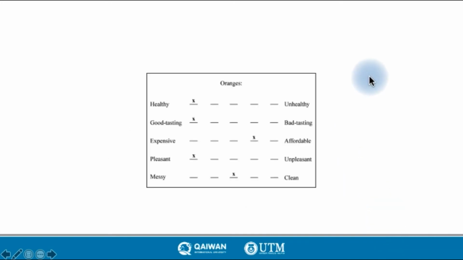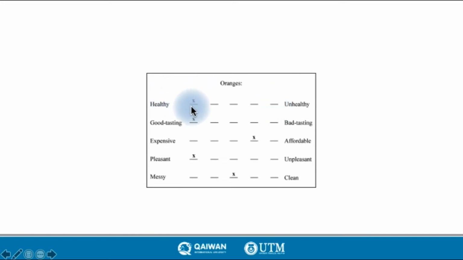There is another scale for measuring, which we call semantic differential, and this is the example about it. Then you have to have some measurement between like good or bad, like for orange, we say healthy or unhealthy. So this is considered healthy, this is considered okay, and this is considered in the middle, and this is considered unhealthy, and this one is very unhealthy.